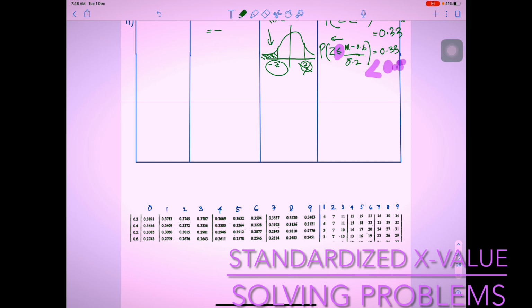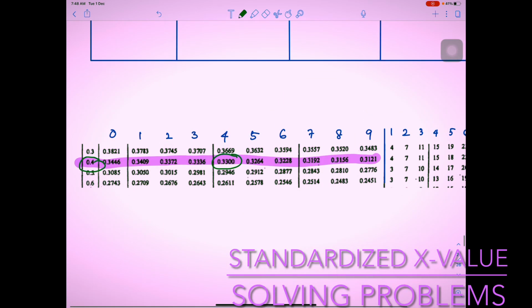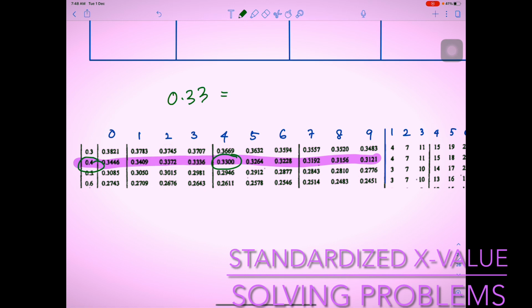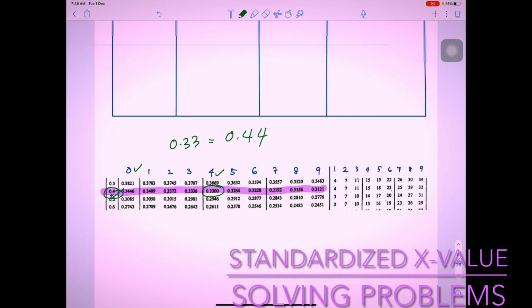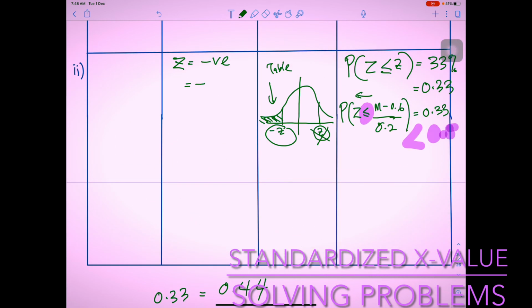You can look for 0.33 directly from the table. From the table, 0.33 corresponds to 0.44. Therefore, the Z value is negative 0.44.